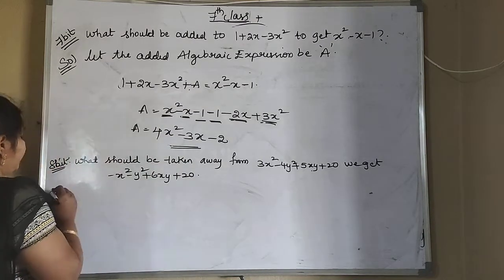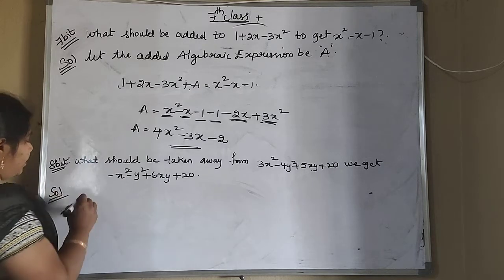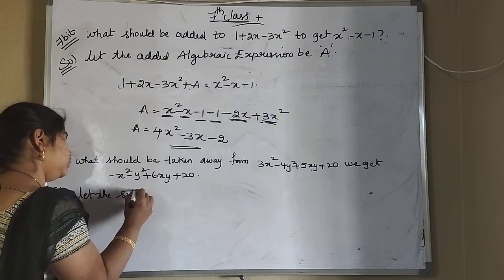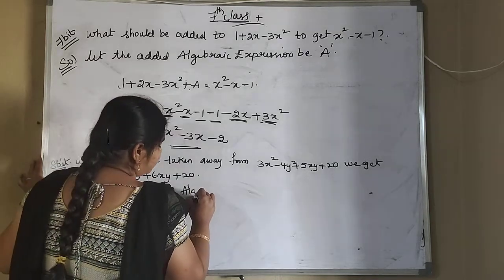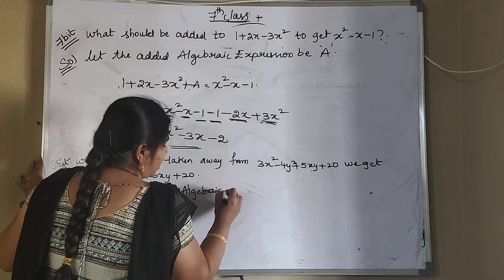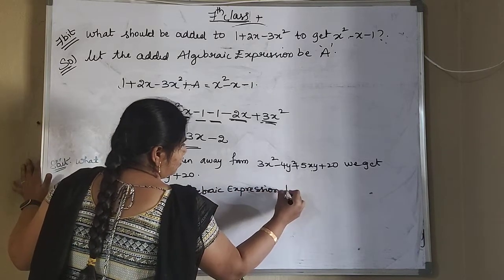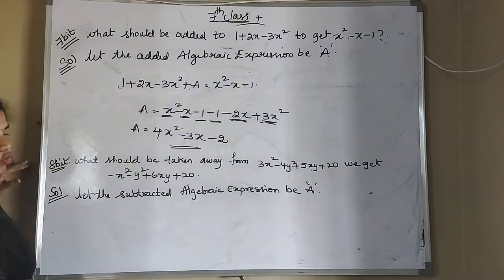Okay, so what will we take? Let the subtracted algebraic expression be A. Again I am taking that as A only.